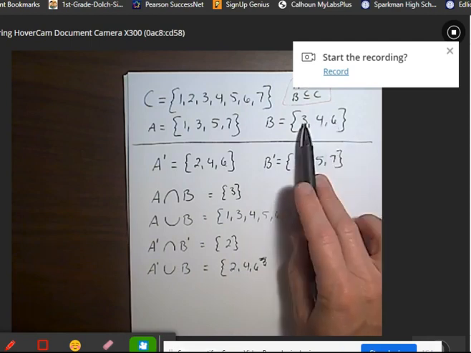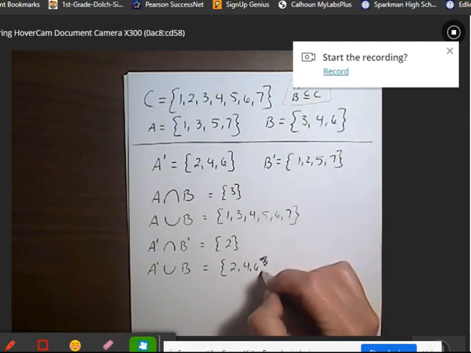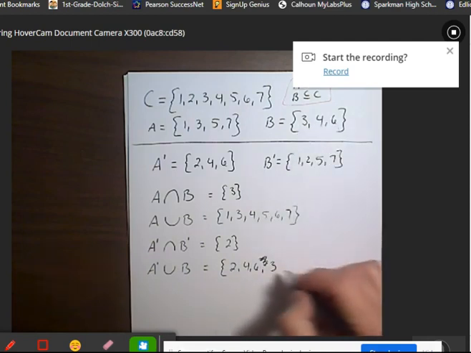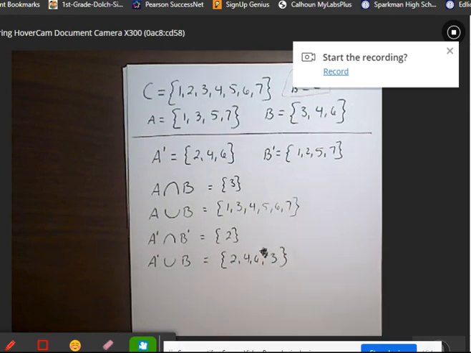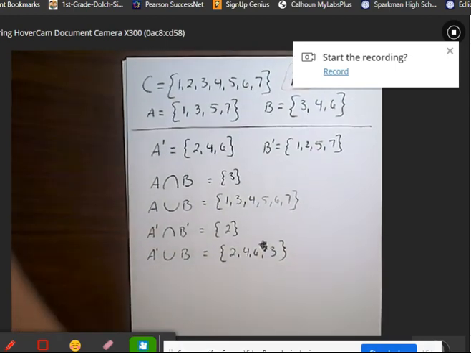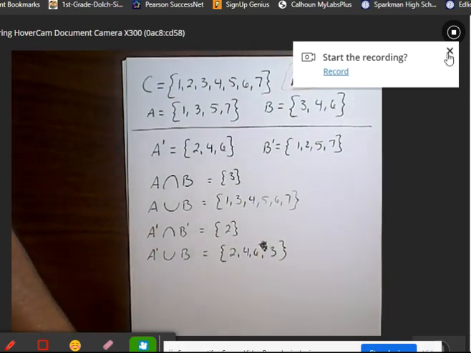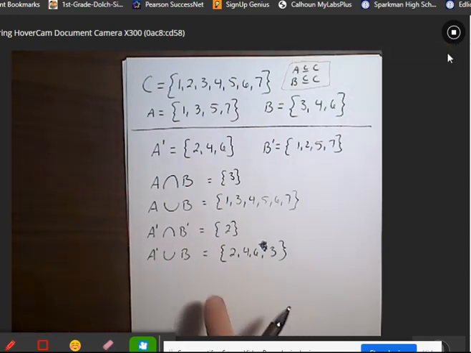Well, 4, 6 repeated, so then we had 3. So then it would be 2, 4, 6, and 3. Again, order doesn't really matter. If you want to turn it around and put 2, 3, 4, 6, that would be fine. As long as you've got all the numbers listed, that's really all you have to do.